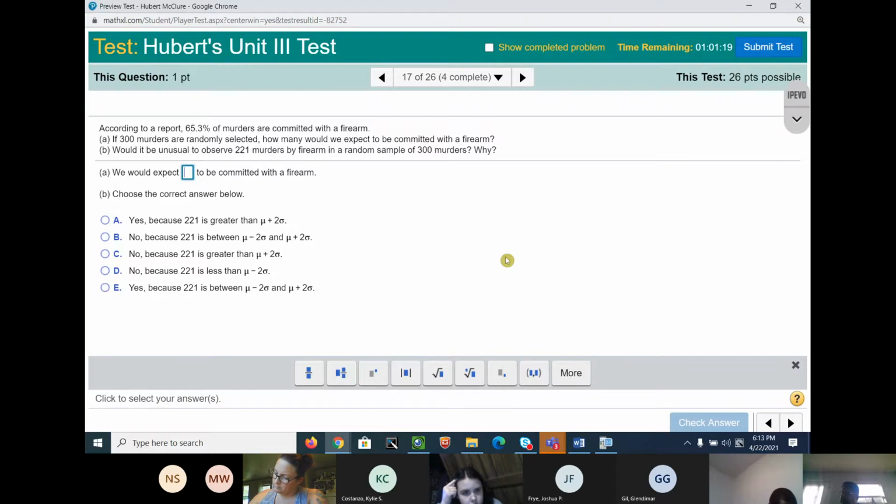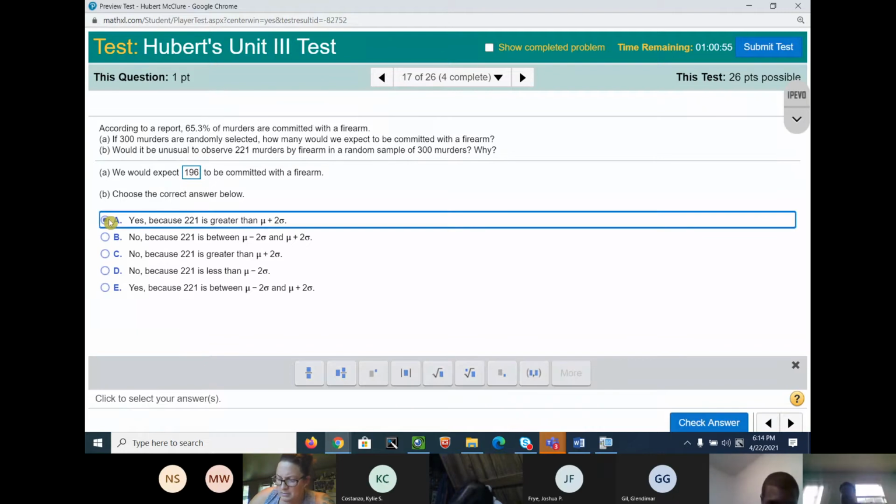And we said 196. 195.9, which is 196. And somebody tell me which yes statement, alpha or echo, says it's unusual for the right reason. Alpha or echo? A. Alpha. Yep.